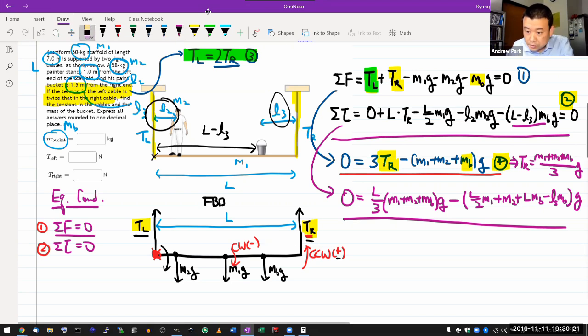There should have been L2 in front of M2. I was checking the units and it didn't work out, that's why.